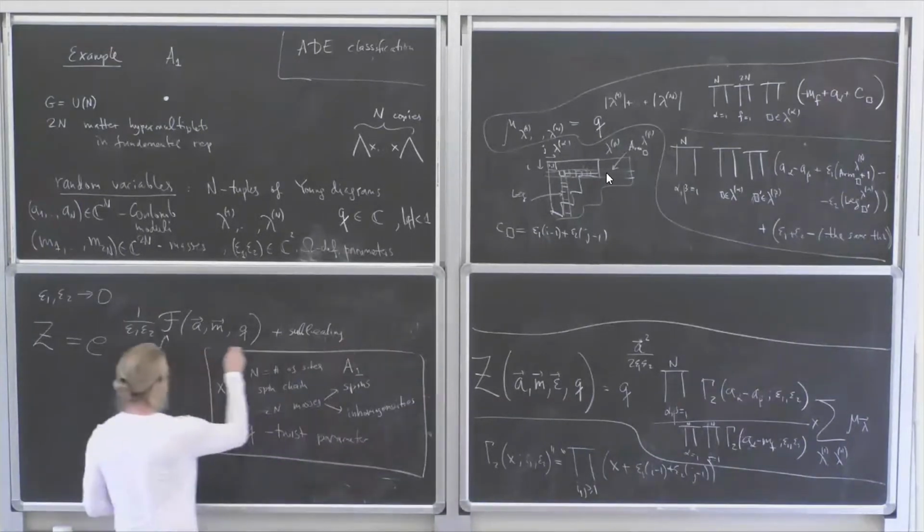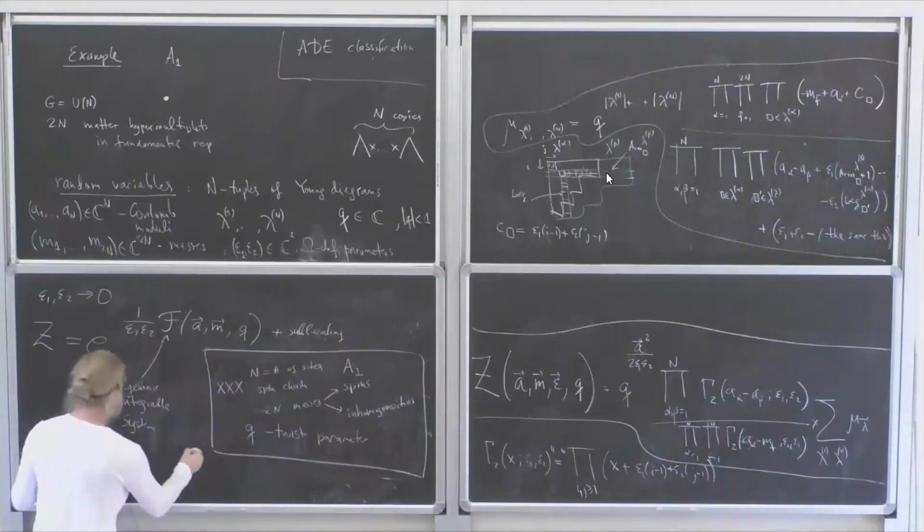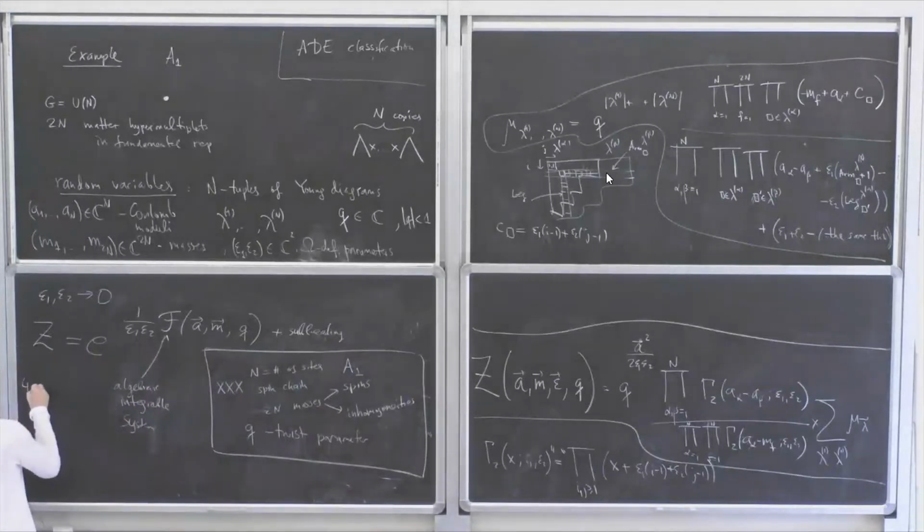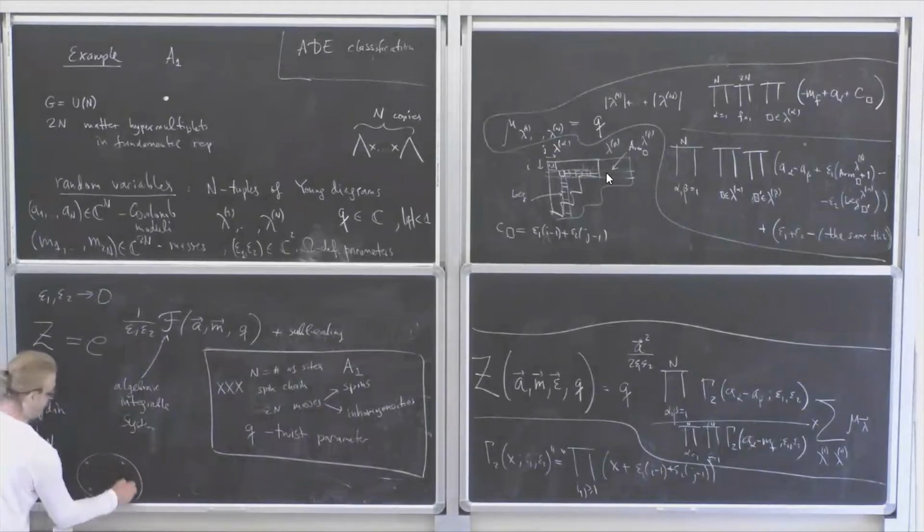That's one way to look at this. Another way is to view it as the 4-point Gaudin model with the Lie algebra SLN. Practically it means that we have a 4-punctured sphere with punctures at 0, Q, 1, and infinity.